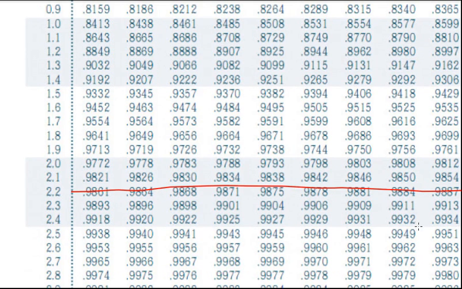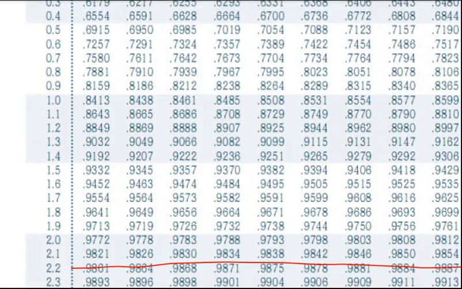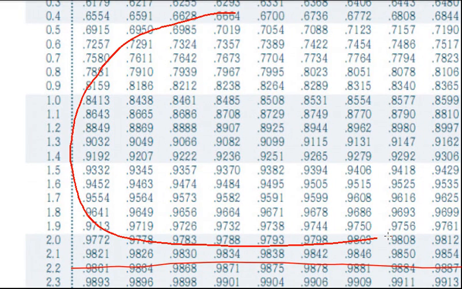So remember, when you're using the table, the areas are within the body of the table, and so I'm going to do this backwards. I'm going to look up 0.95 or whatever's closest. I could use either of these numbers because they're just as close, so I'm going to use 0.9495.